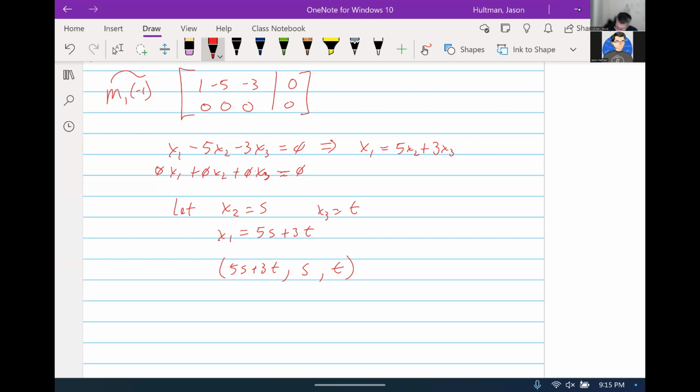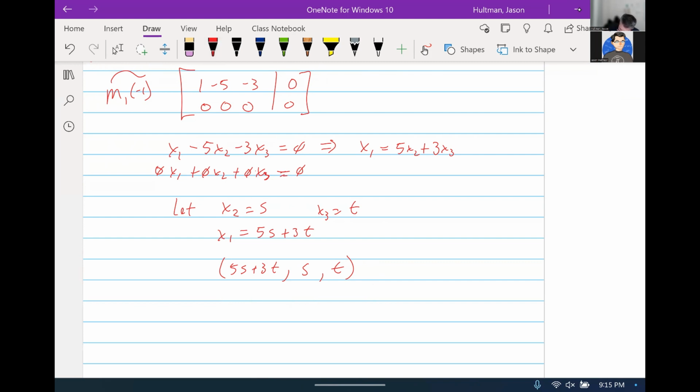And if I were to kind of break this up into s and t, into two vectors, one that involves only s and the other that involves only t. So I could kind of rewrite this.